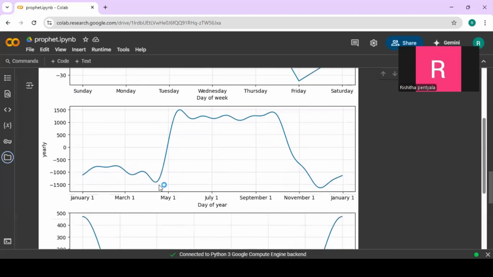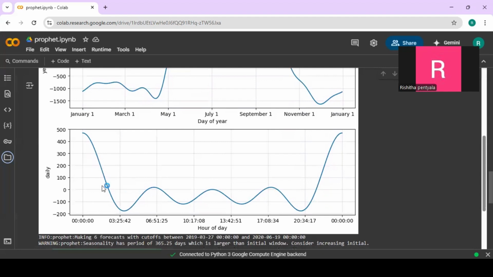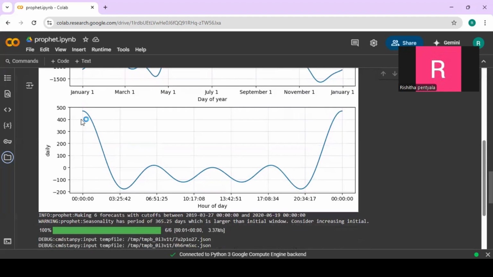And for the yearly trend, we observe that there is a major upward trend from the months May to November. And when we observe the daily trend, we do notice that most of the sales happen during midnights.